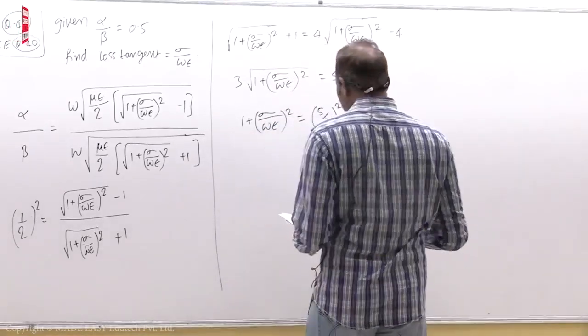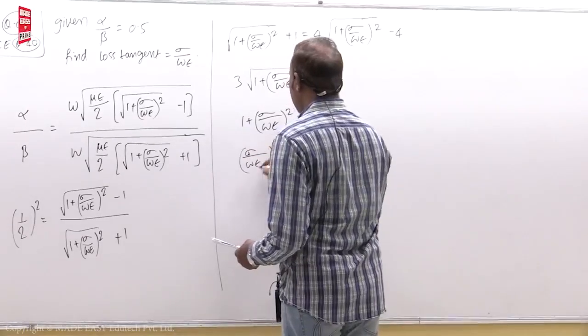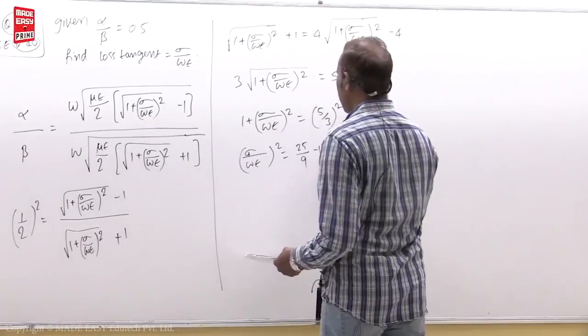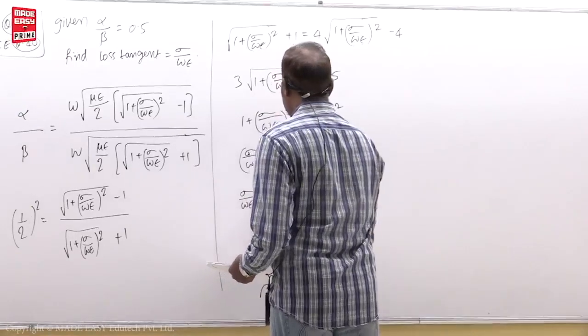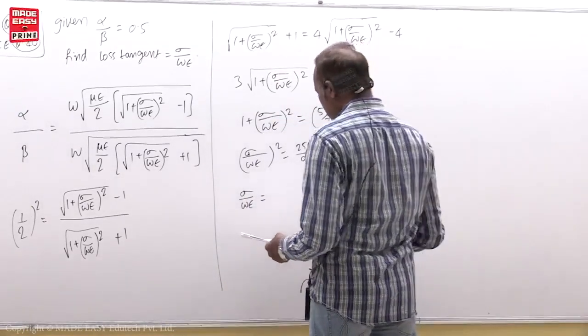And sigma by omega epsilon whole square is equal to 25 by 9 minus 1, which is 16 by 9.